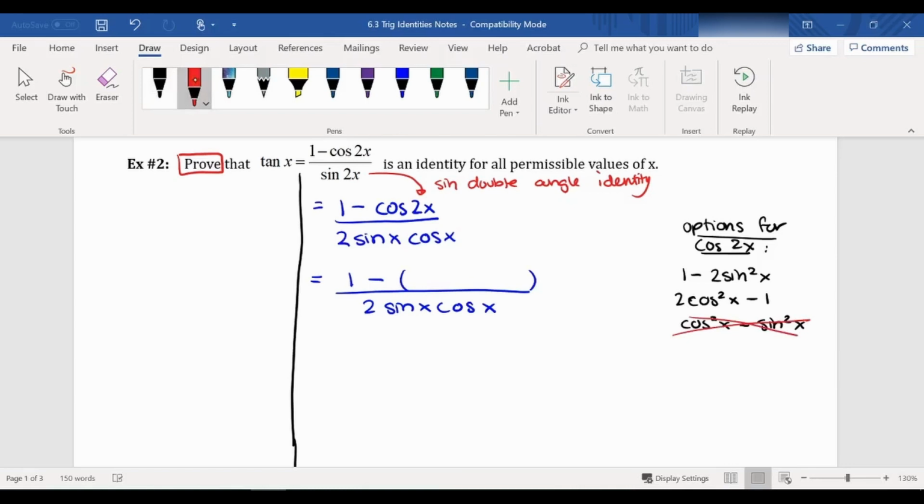It's not going to get rid of a 1. I want one of the other two. Similar to 6.2, the first one seems like a better option because I would have 1 minus 1. If I pick the middle one, I'm going to have 1 minus negative 1, which does not get rid of the 1. So I'm going to choose the first one.